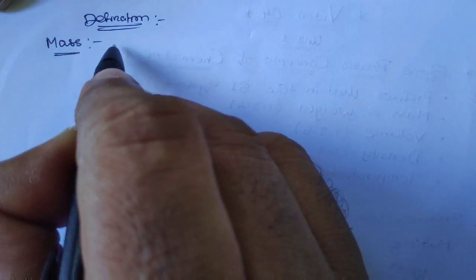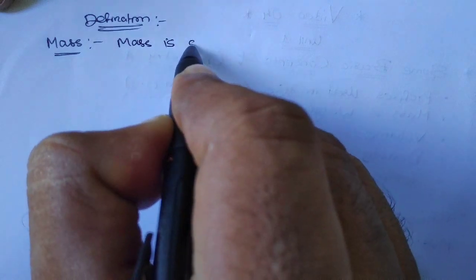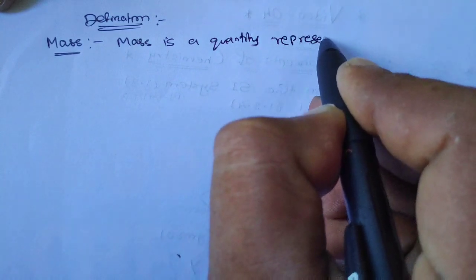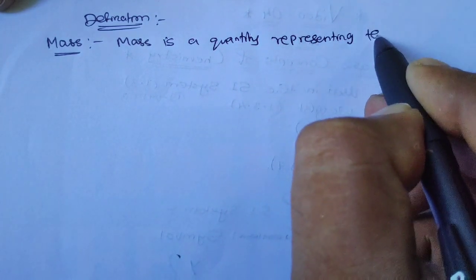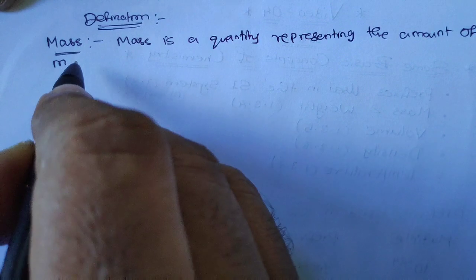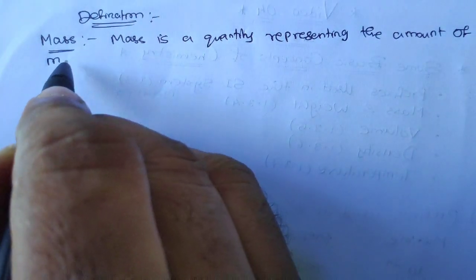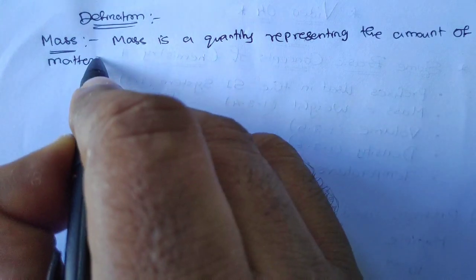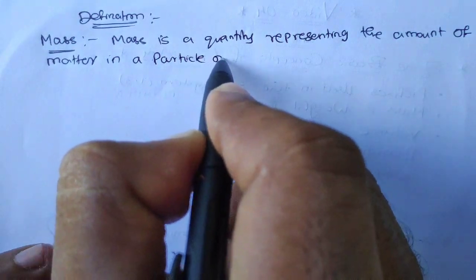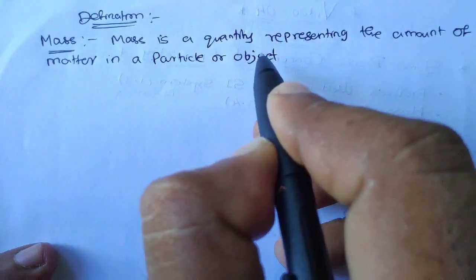Now you can see the definition of mass. Mass is a quantity representing the amount of matter in a particle or object, right?